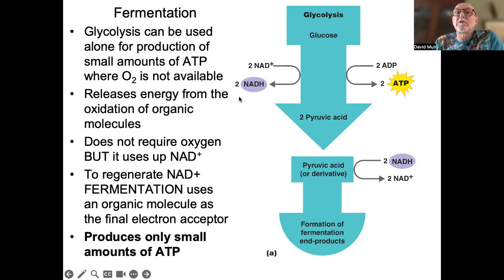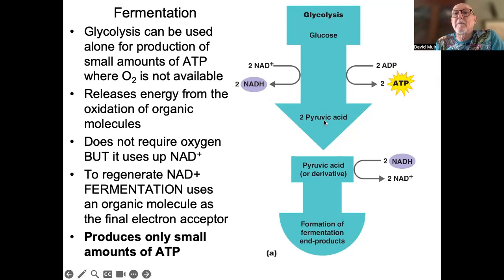And as you produce NADH, especially if the NADH is not being sent off to an aerobic respiratory electron transport chain, you accumulate NADH, but you deplete NAD plus. And NAD plus is vital in many, many metabolic reactions and pathways.